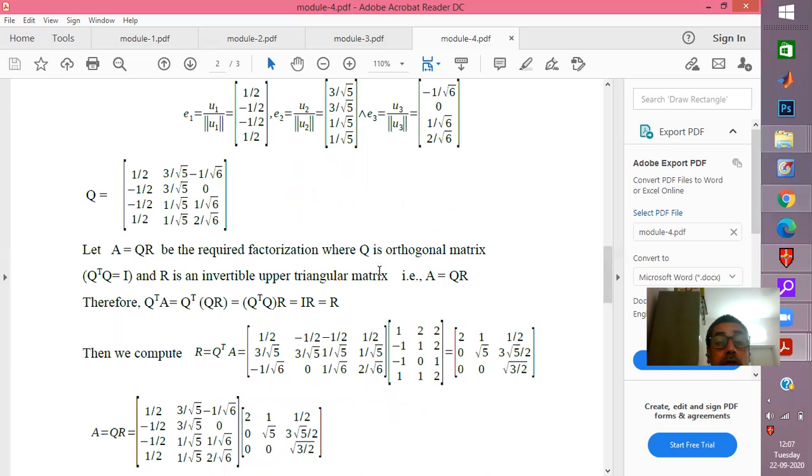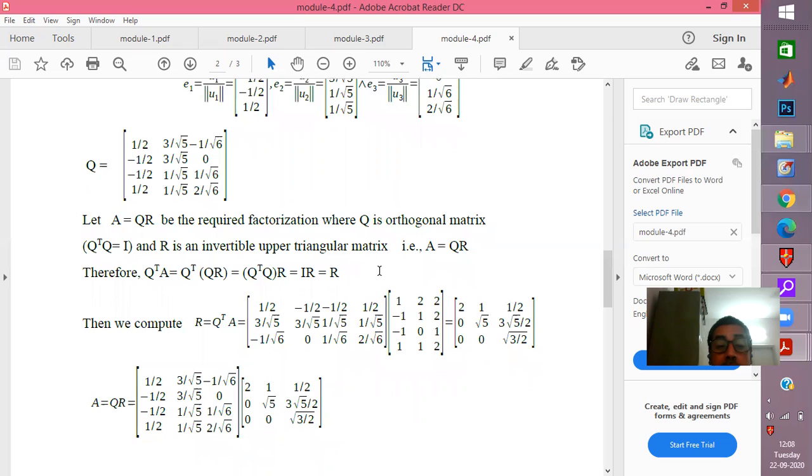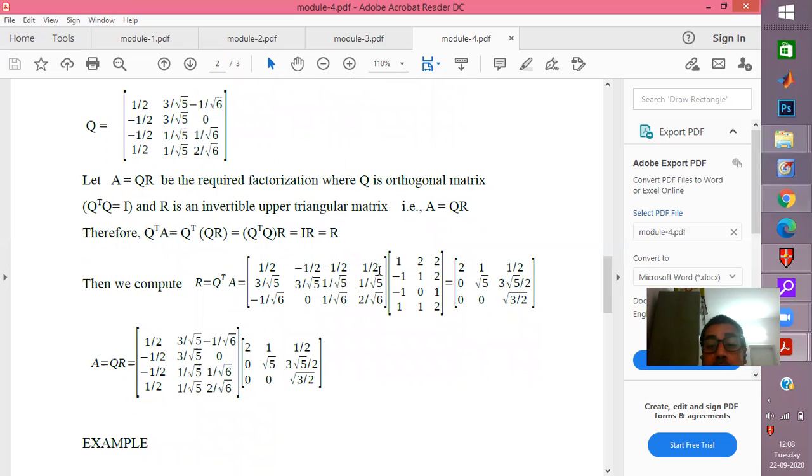So let us start with A equals QR. And we know Q transpose Q is equal to I, which was emphasized in the first lecture in this unit: whenever we have any matrix with orthonormal vectors as columns, then Q transpose Q is equal to I. So pre-multiply A equals QR with Q transpose, and then you will find that Q transpose A is equal to R. So once you have Q, R can be obtained by a simple operation, Q transpose into A. For this particular matrix, when you find R, you can observe that we have got an upper triangular matrix.